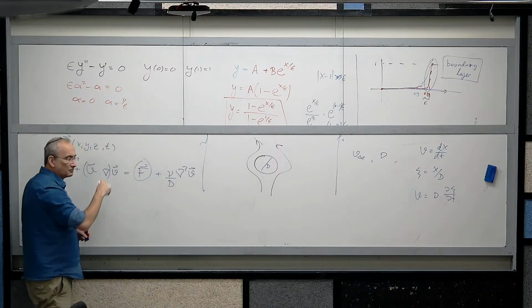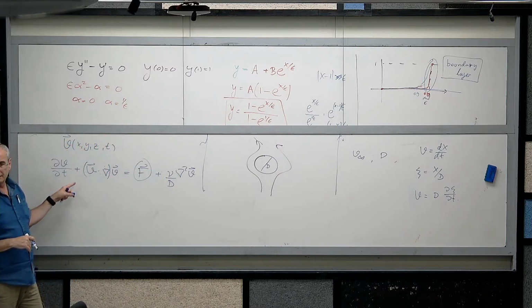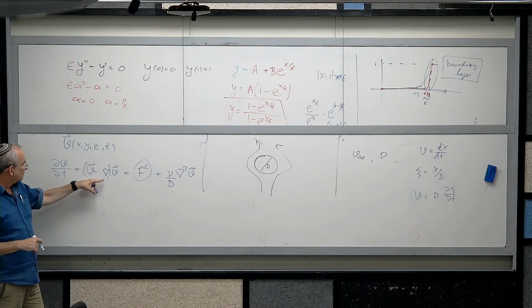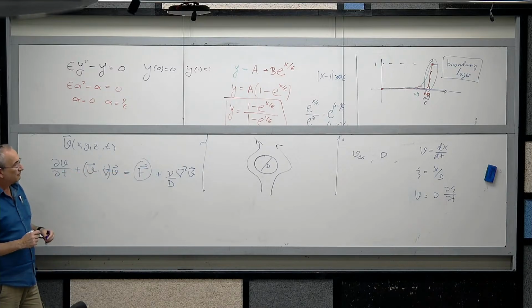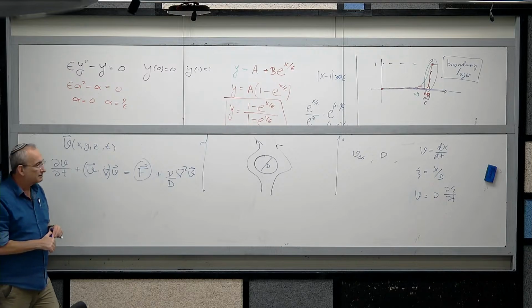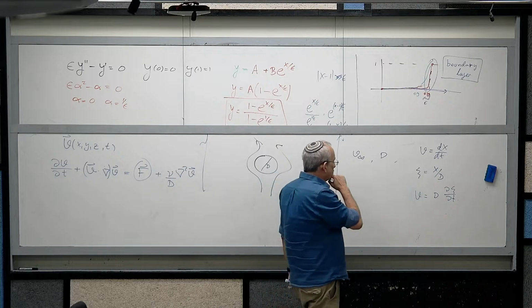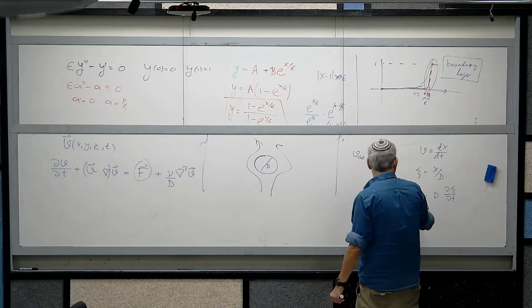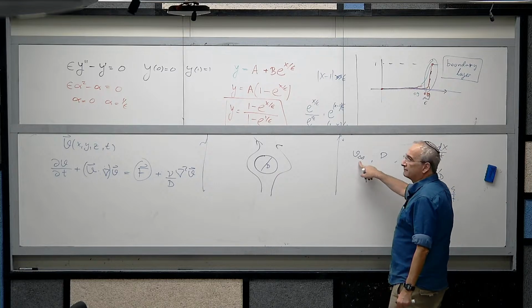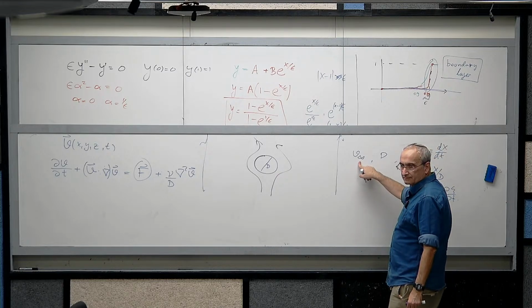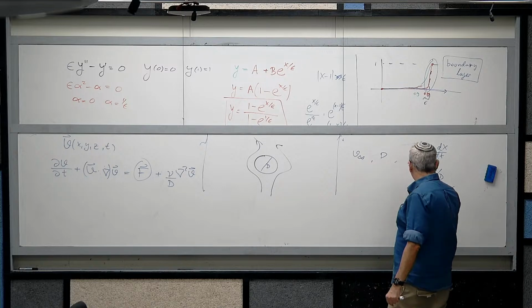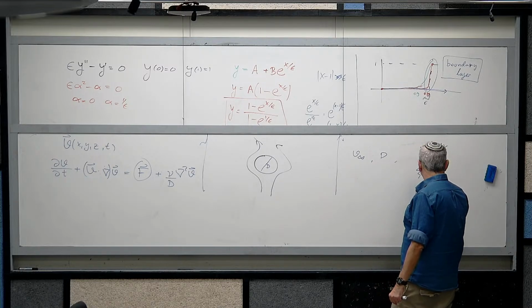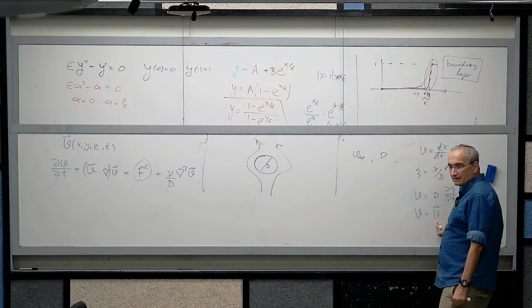Forget about this term for the moment. I have 1 over d here, and all these v's are now with respect to the dimensionless variables. Now I want to measure every v in units of v infinity. So I would like to say that v is some v tilde, which is dimensionless, times v infinity.